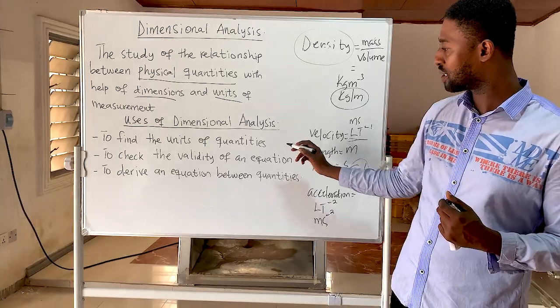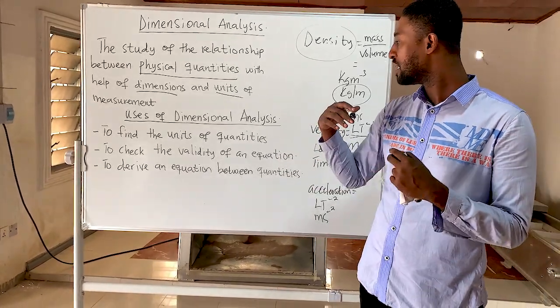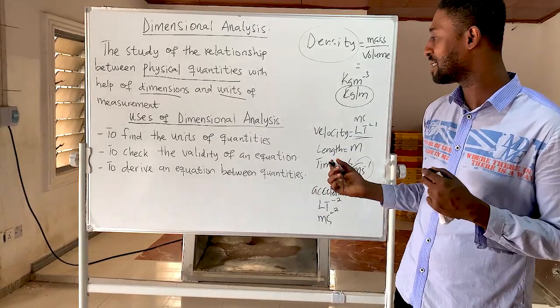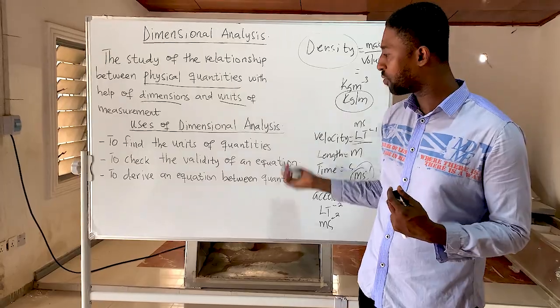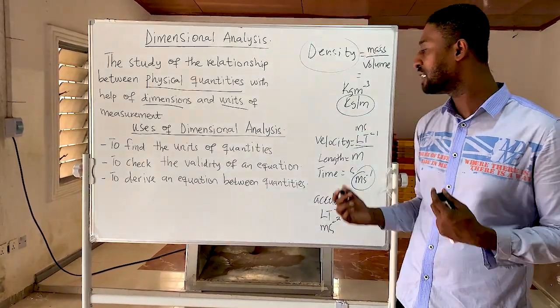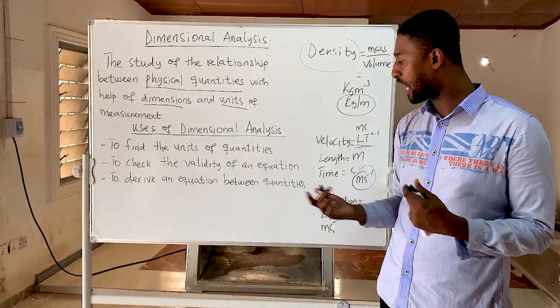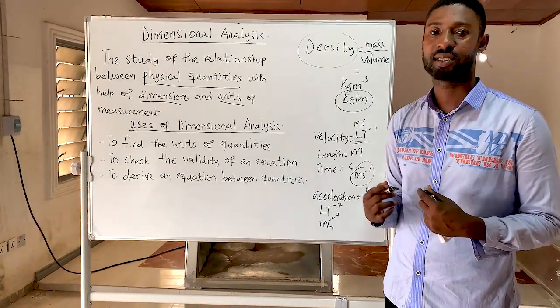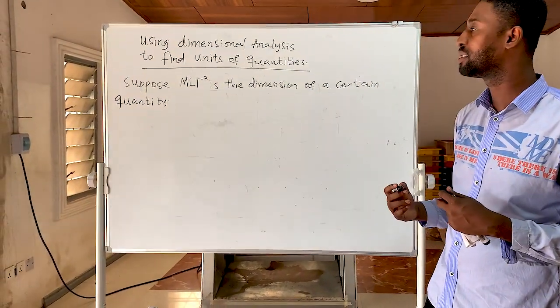We start with finding the unit of quantities. When we finish, we move on to checking the validity of an equation. Then finally, we end the lesson with deriving an equation between quantities.